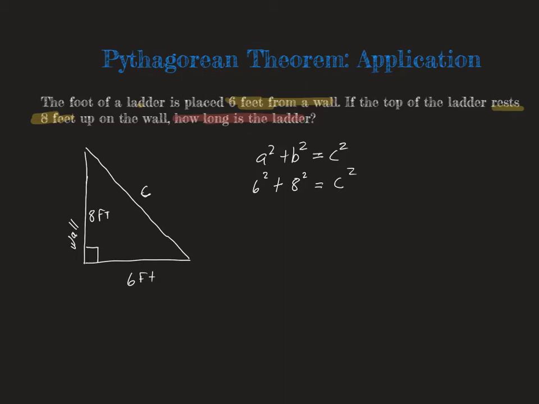Now we're going to square the numbers, so we have 36 plus 64, and that's going to give you c squared. We're going to combine those numbers and you're going to get 100 equals c squared. Find the square root. You get 10 is equal to c.